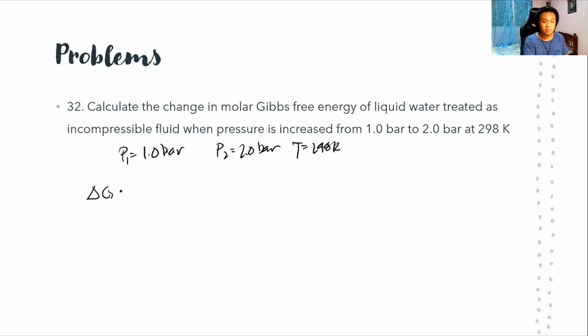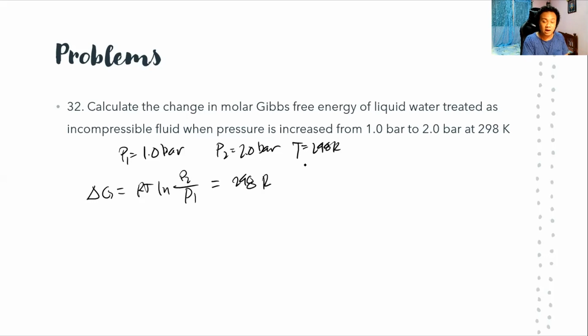So change in molar Gibbs energy is actually equal to RT ln P2 over P1. That's actually that easy. So we just have to substitute.